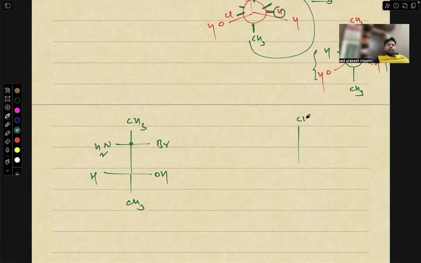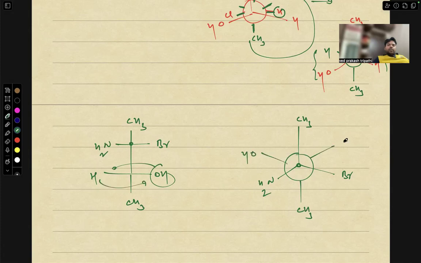So methyl, bromine, NH2. This is the front one. Now the rear carbon, simple, methyl. Now switch them, OH here, H here. So OH and H. Okay. So this is the Newman projection.